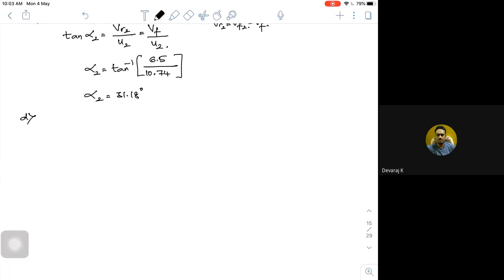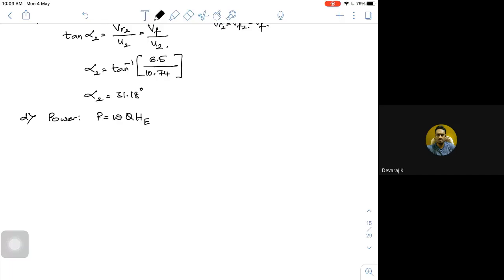So power, I can see the power available at your rotor or whatever it may be, that is with respect to fluid. I am speaking with respect to fluid, that is omega Q into He. You have to be very careful.